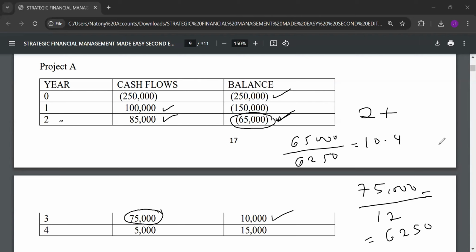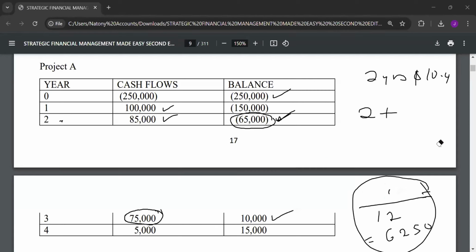Total amount received equals total amount spent. So this becomes 2 years and 10.4 months. Okay, but you will not be solving it this way in your exam. This is just for knowledge sake, for you to get a better understanding of what you are doing.